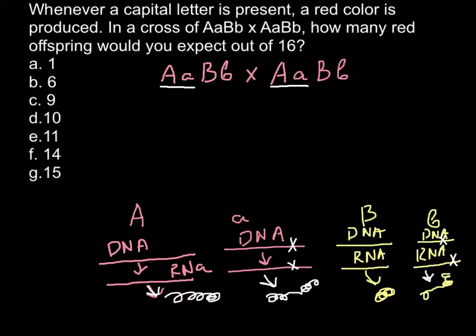And when we have, for example, this normal allele for protein A, and this normal allele for protein B, we would have a normal shape of the protein, like this one and like this one.